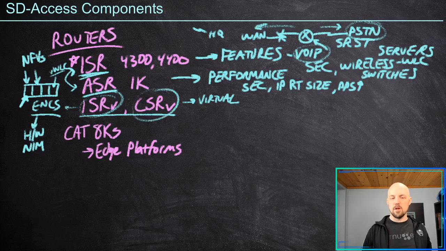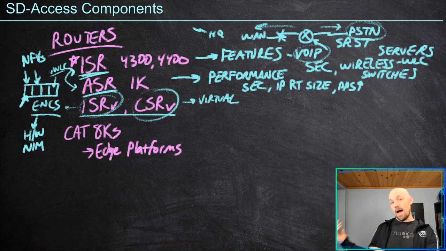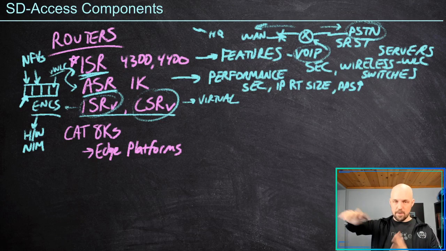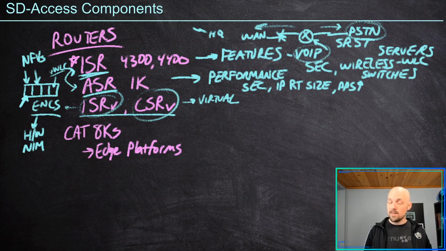The CSRV is a little bit more based on the ASR line, and so the CSRV, even if you deploy it to ENCS, it can't take advantage of the VoIP features and such, but you could deploy it out to the cloud, for example, and there's no real value in deploying the ISRV to the cloud because you can't take advantage of the feature set. But the CSRV can go out to the cloud, and it can scale up and be as big and bad of a router as we need in the cloud or in our virtual space. So again, a place for both of them, but we need to understand the differences there.